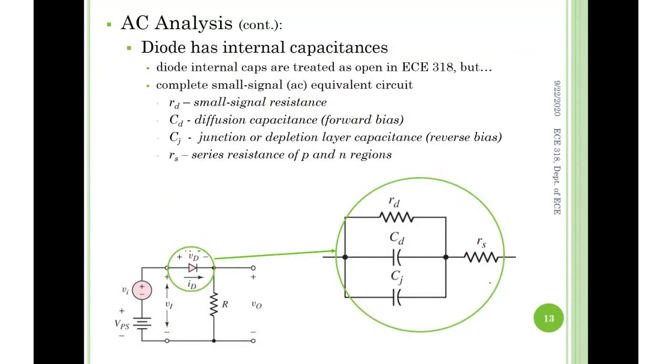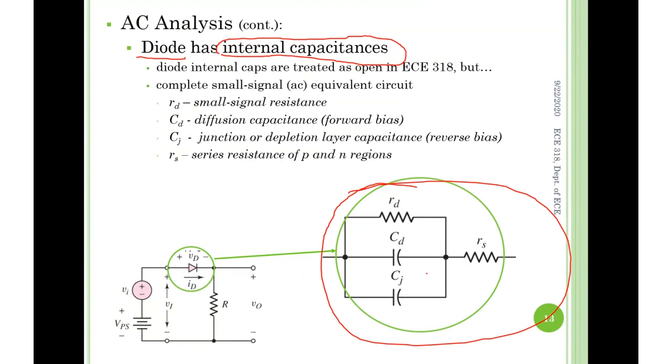Here is something minor, but also needs to be brought up. The real practical, non-ideal model of the diode is very complicated. It has internal capacitance, okay? So a much more accurate representation of the diode is like this, with resistors and capacitors, parallel and series connected.